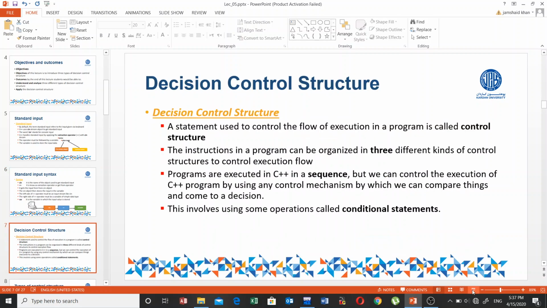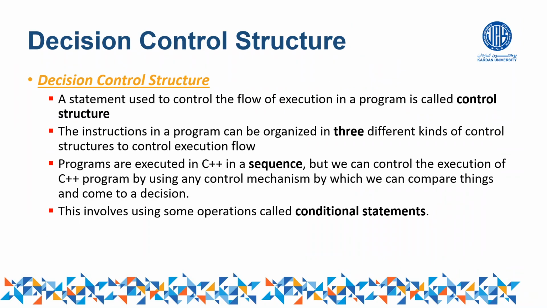Now the next topic that we are going to discuss is the decision control structure. What does it mean? Basically, a decision control structure controls the structure of your program statements by using some decision.